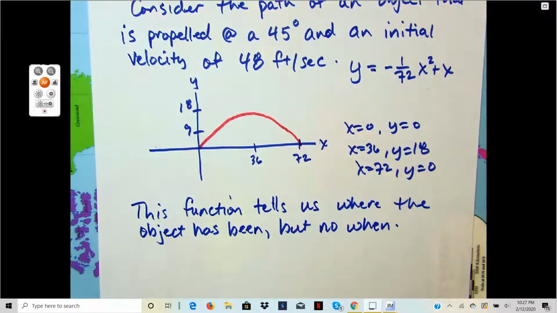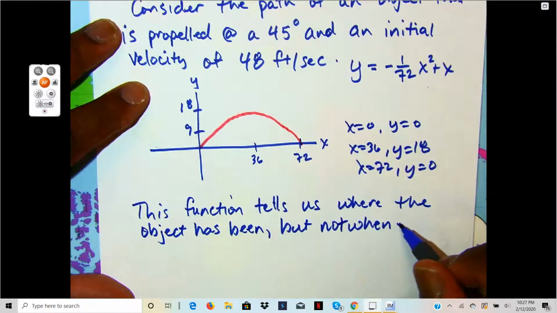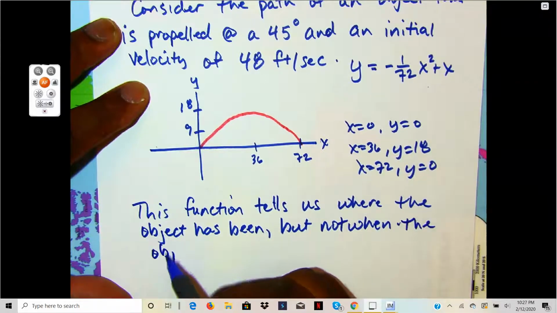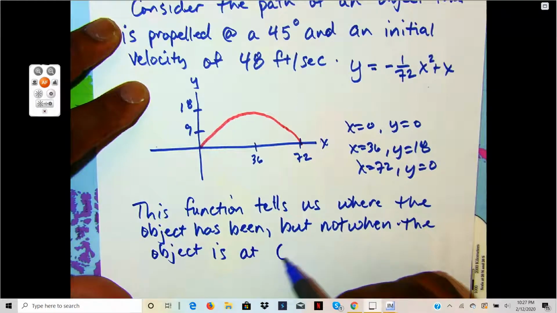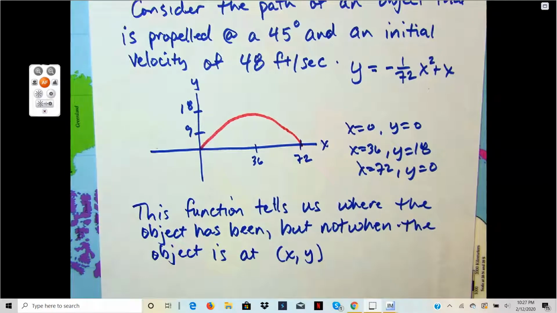So it's the when that we want to focus on. It doesn't tell us when the object is at some point x, y. So what we're going to go over today is how to find the when.